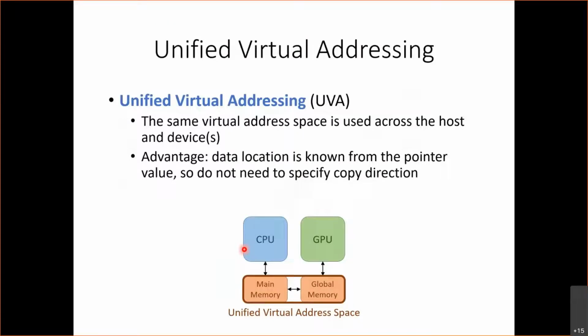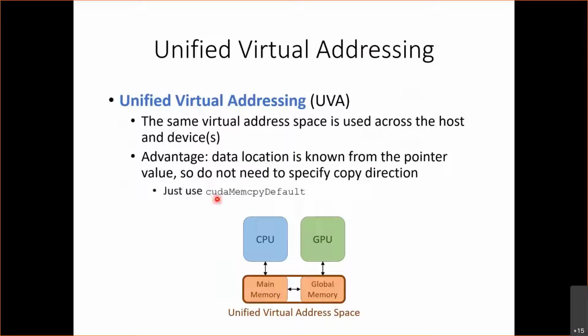Well, with unified virtual addressing, with a unified virtual address space, we don't need to tell the runtime system whether a pointer points to the device or the host, because the runtime system can tell from the value of the pointer. So if we are using unified virtual address space, then in our CUDA copies, we would not need to specify device to host or host to device.